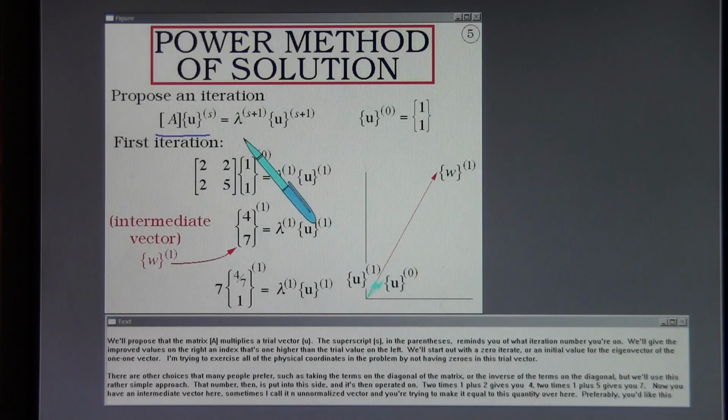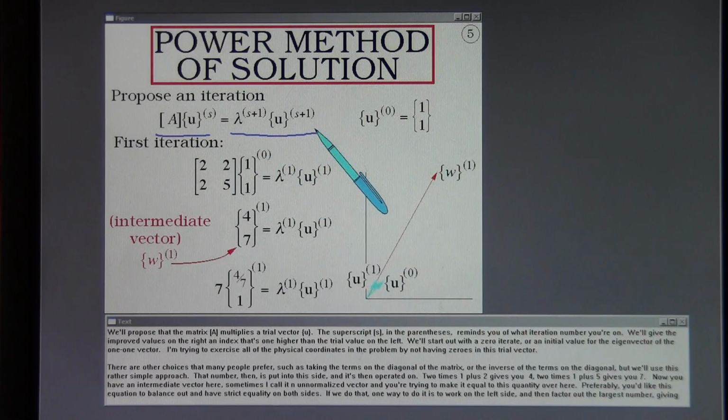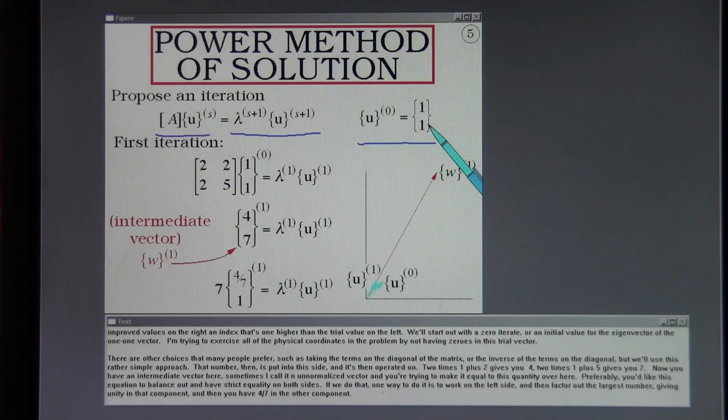We'll give the improved values on the right an index that's one higher than the trial value on the left. We'll start out with a 0 iterate, or an initial value, for the eigenvector of the 1, 1 vector. I'm trying to exercise all of the physical coordinates in the problem by not having zeros in this trial vector.